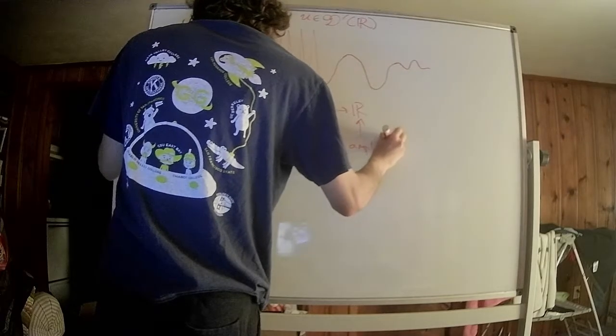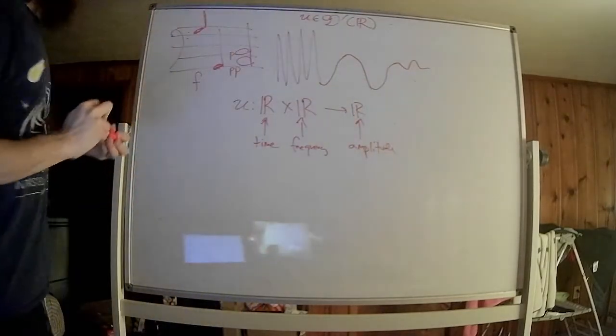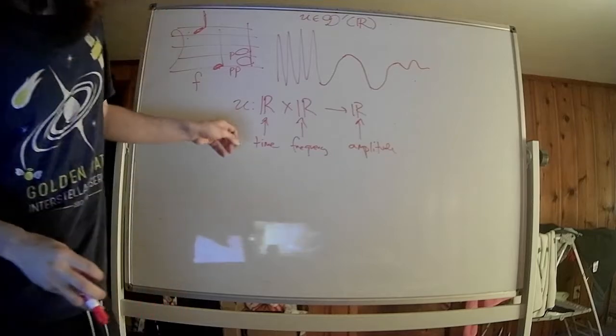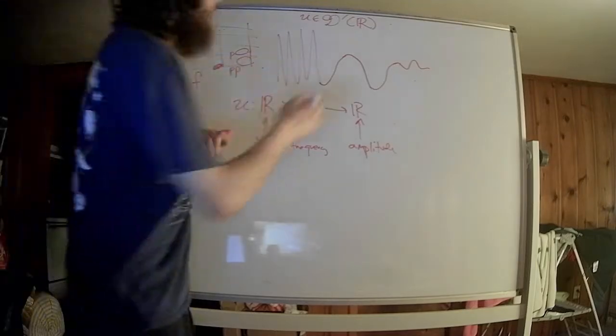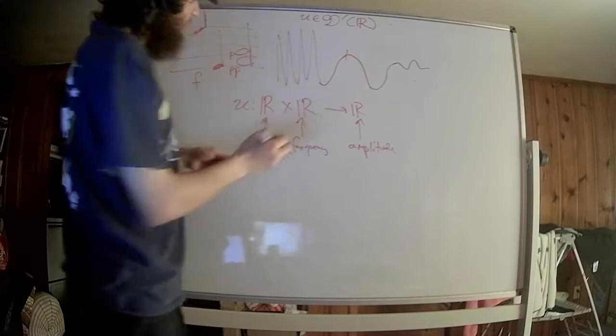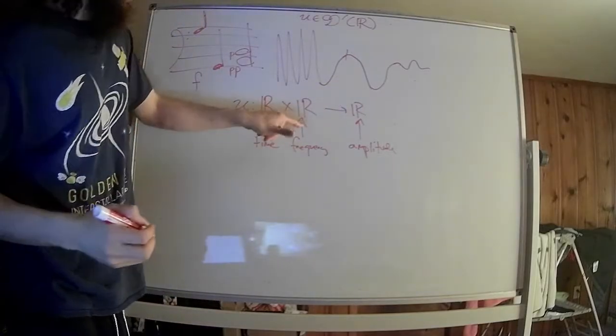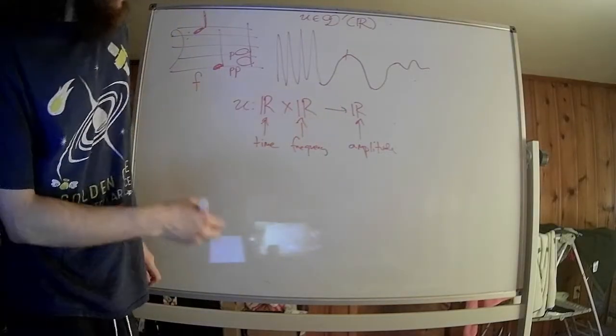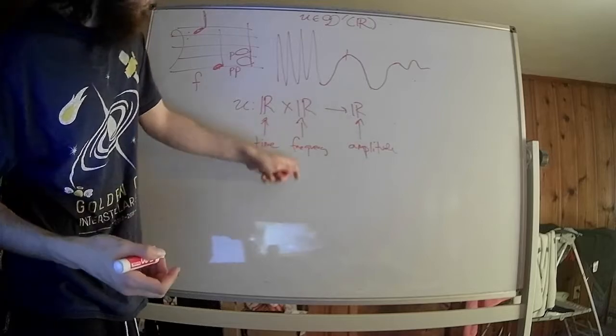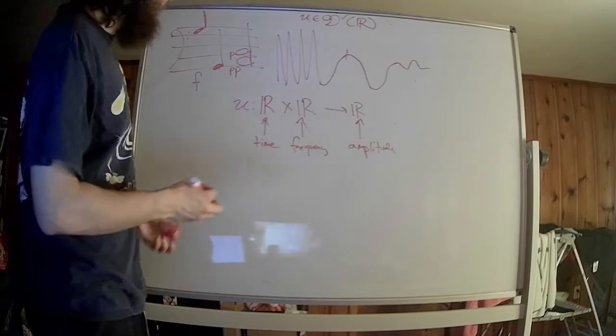Essentially, this is saying that at any time, so let's say at this time, it looks like a superposition of waves, and each wave has some frequency and an associated amplitude.